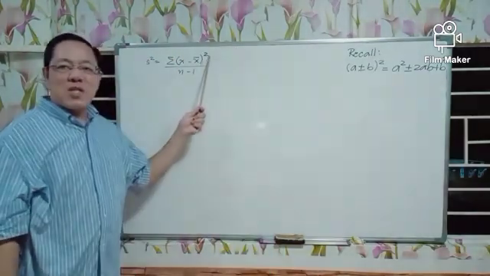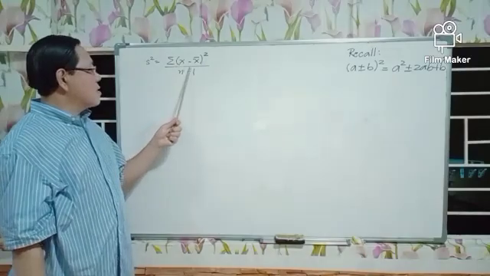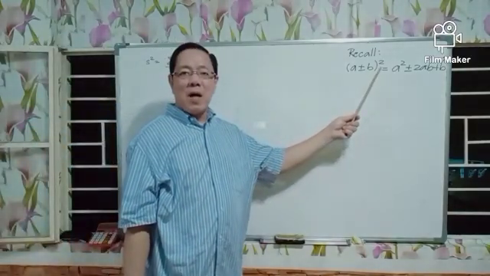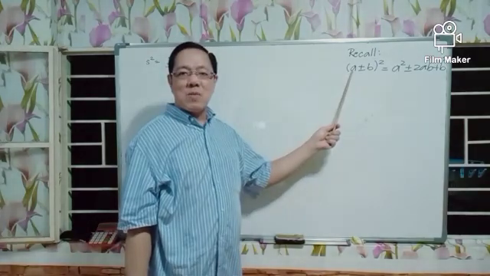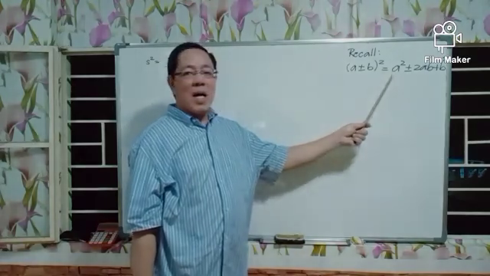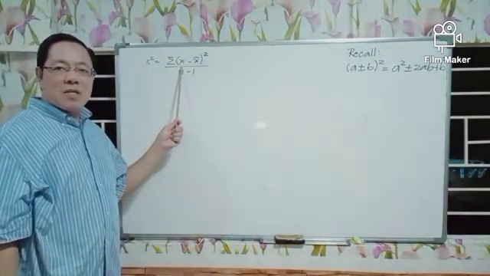To write the expansion of the square of x minus x bar, we apply the special product rule for the square of the difference of two terms, or the square of a minus b, where our a in this expression is x.